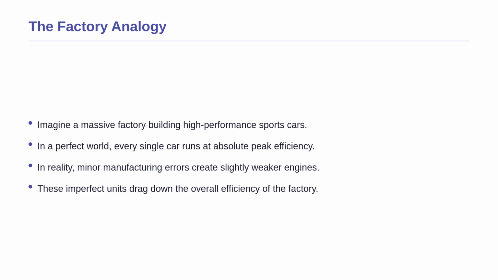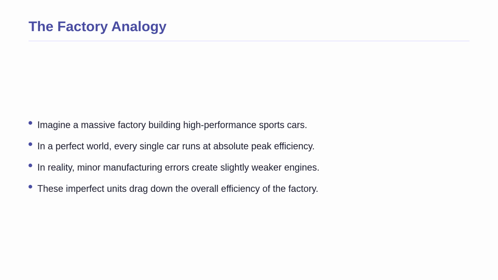To understand what genetic load is, let us start with a simple analogy. Imagine you are managing a massive factory that builds high-performance sports cars. In a perfect world, every single car that rolls off your assembly line would be absolutely flawless, running at peak efficiency. However, in reality, minor errors happen during manufacturing.